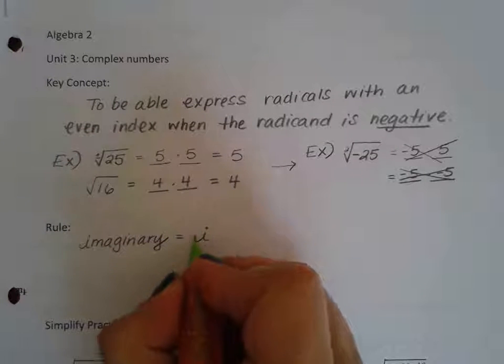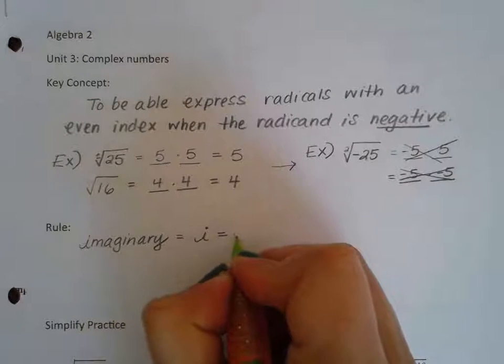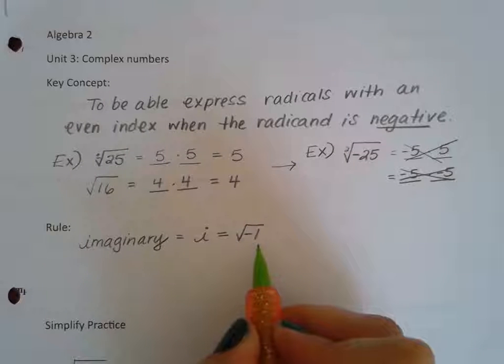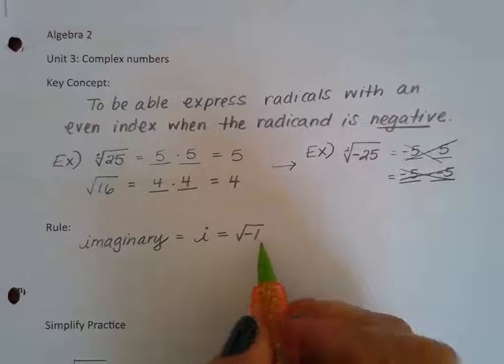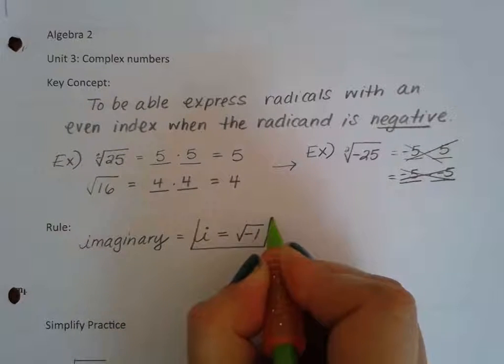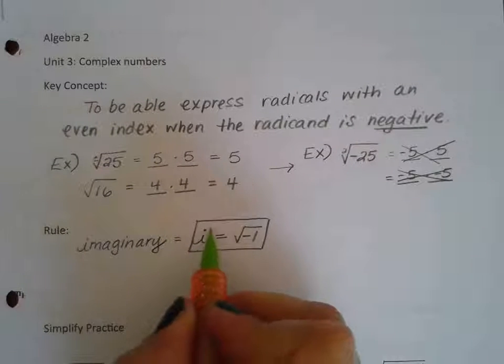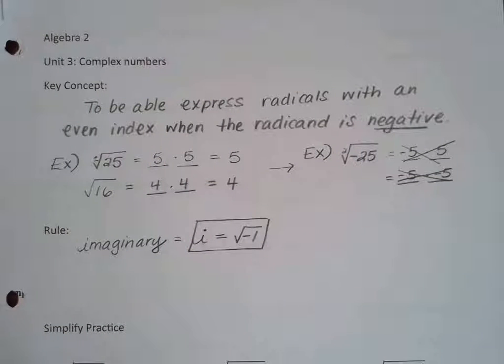This little i is a label for the square root of negative 1. Negative 1 is the smallest integer we could take the square root of. That tells the reader that there must have been a negative under the square root. So basically, you're just going to have an i in your answer.